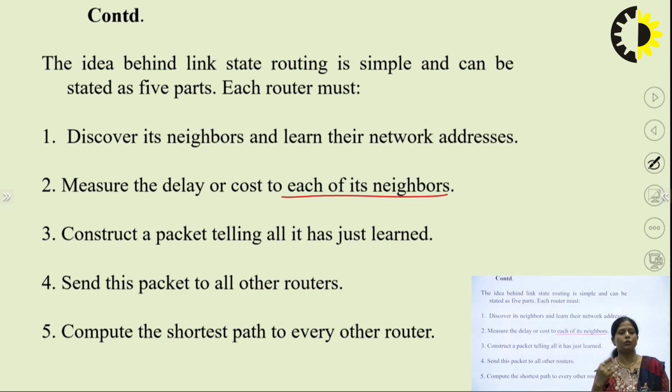What is the delay? What is the cost to reach that neighbor? Each and every router has to identify, right? Then construct a packet telling all it has just learned. Now construct a packet which will be informing every other router that it has just learned that you are its neighbor, what is the cost, what is the delay. Now send this packet to all other routers and compute the shortest path to every other router, right?